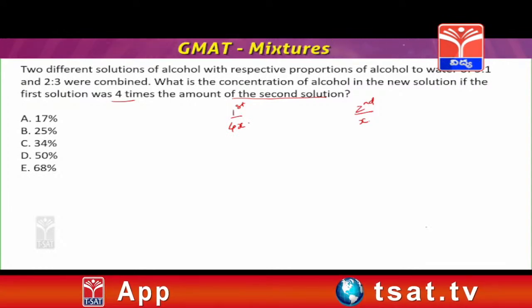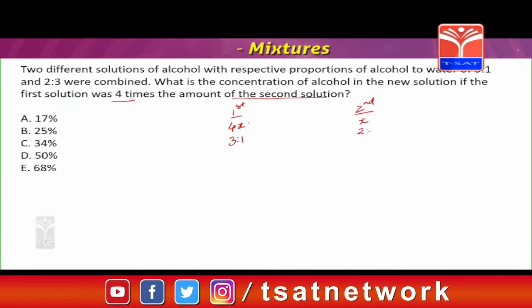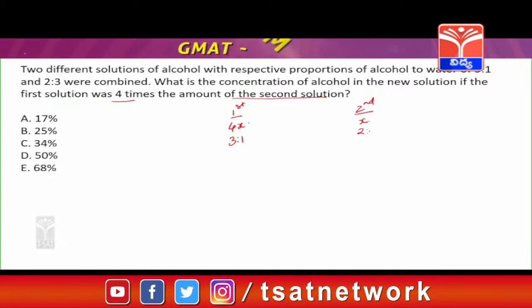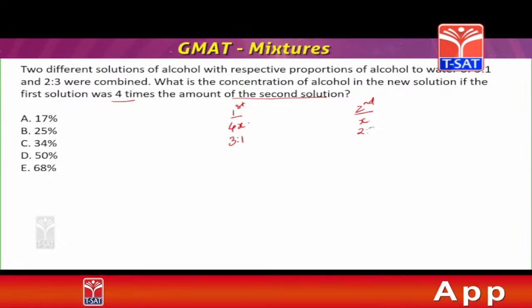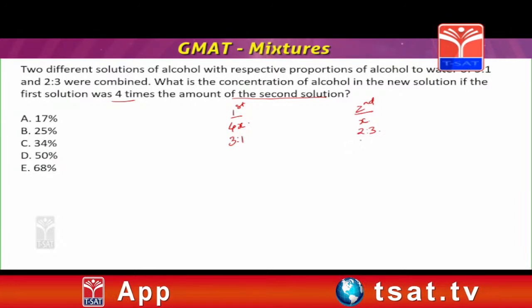Now, we have the alcohol is to water, the ratio is 3:1 in one solution and 2:3 in the second solution. So, they are asking the concentration of alcohol in the new solution if both of the solutions are combined.